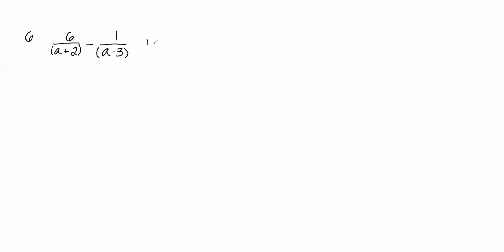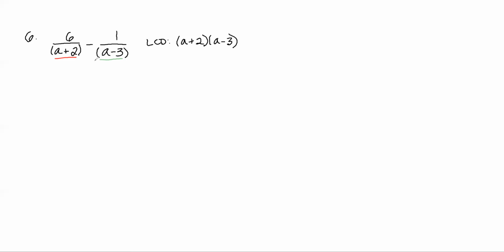So if I go ahead and figure out the LCD, we have an a plus 2 on the left. That's the only a plus 2 we have, so we need to include that. We also have an a minus 3. That's the only a minus 3. We need to include that.